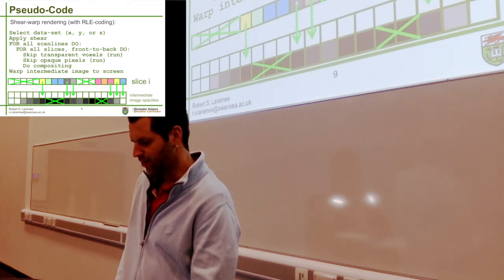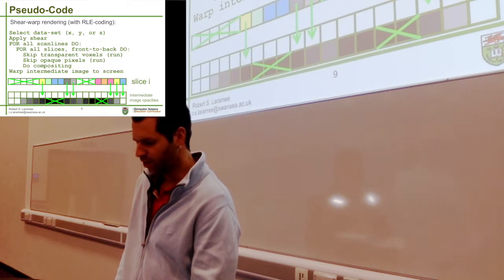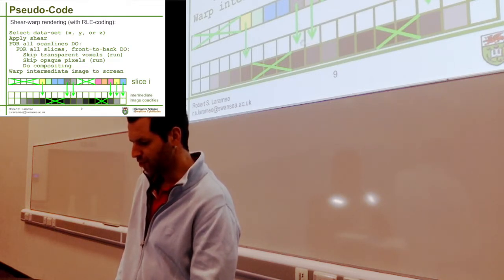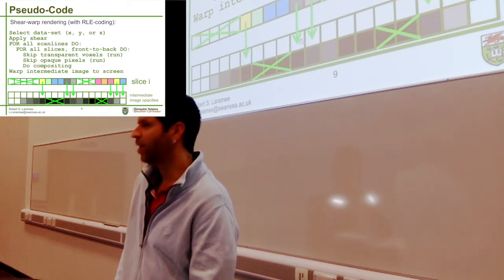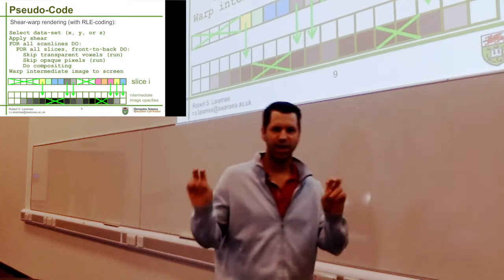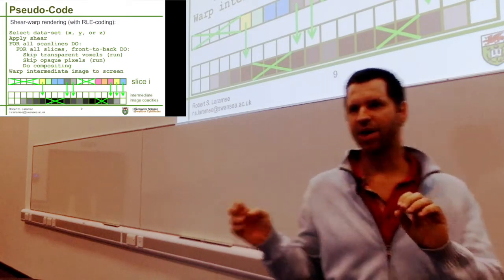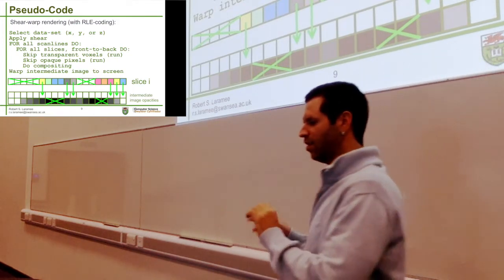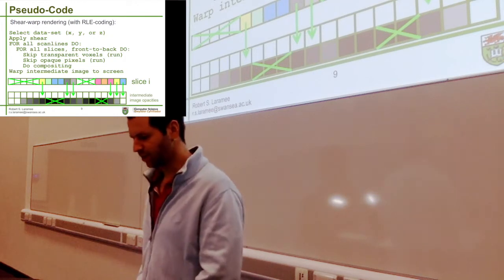Here we have an opaque pixel and an opaque voxel, or a semi-transparent voxel, another semi-transparent voxel. These 2 pixels are not opaque, so we do the standard compositing, adding colors and opacities from front to back.